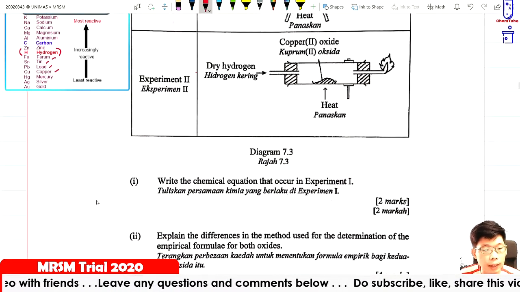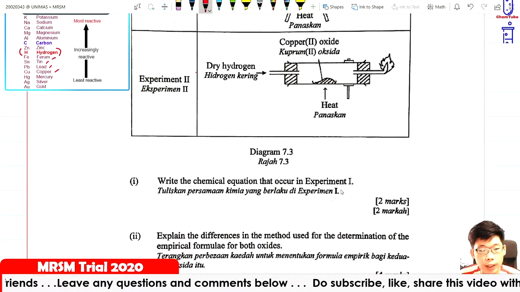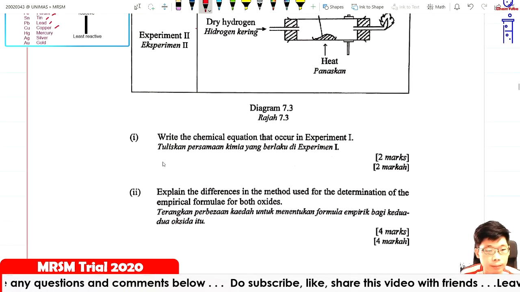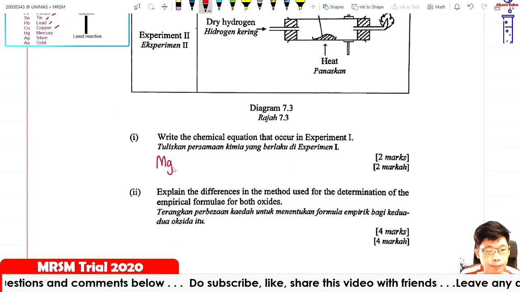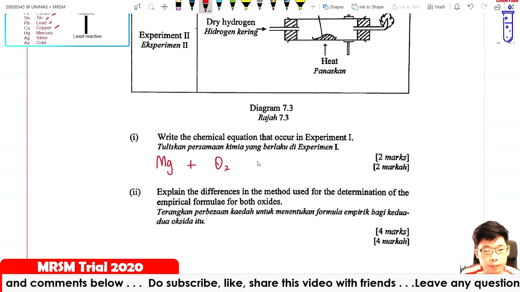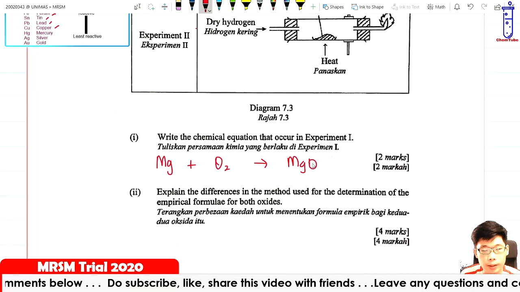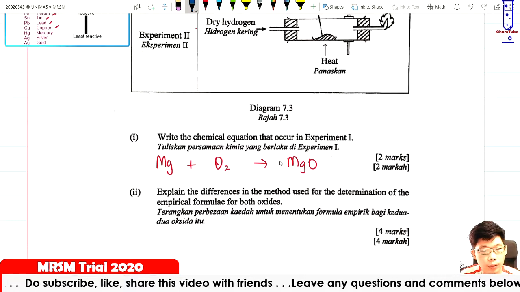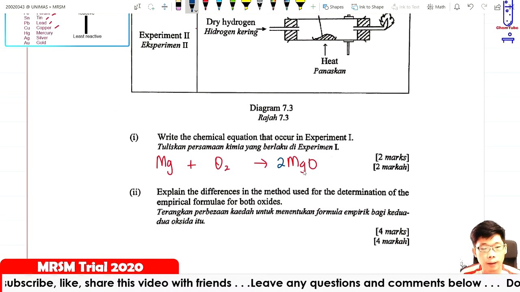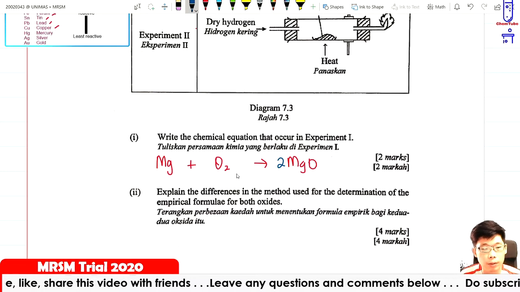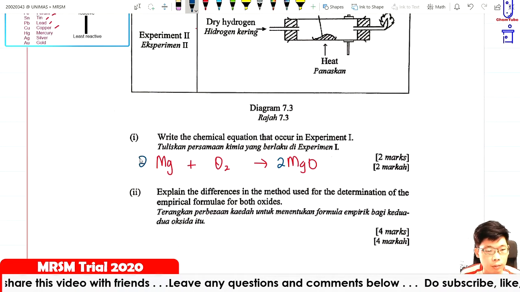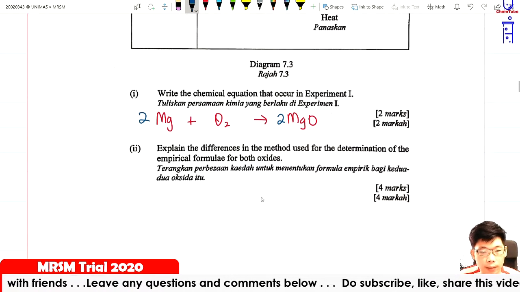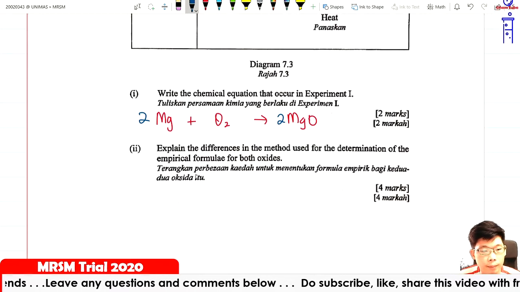Now write the chemical equation occurring in experiment 1. So magnesium reacts with the oxygen, so produce magnesium oxide. We need to balance the equation. So oxygen becomes 2, then magnesium times 2, so it's a balanced equation.